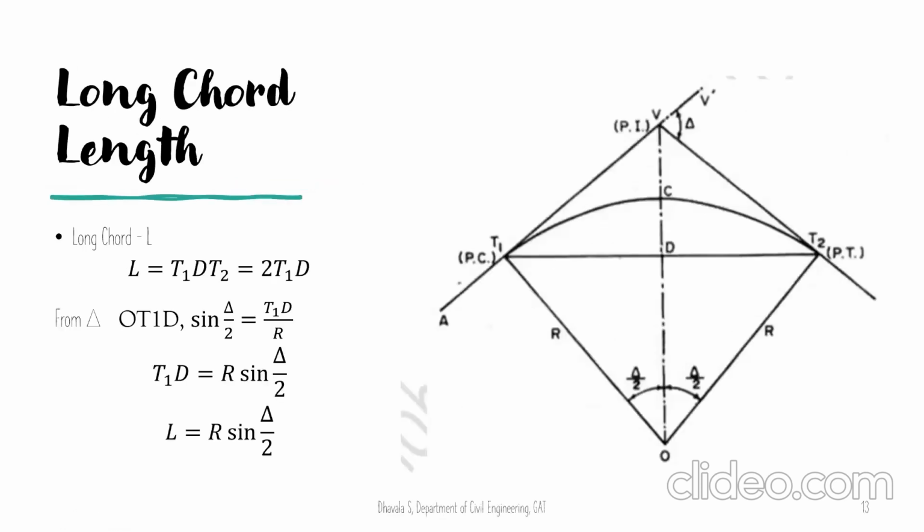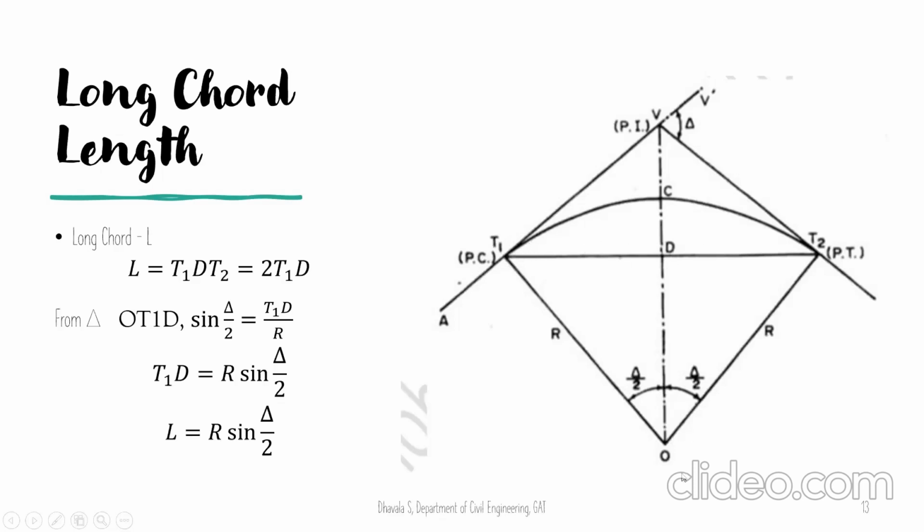Coming to next component, it is long chord. Long chord is nothing but the distance T1, T2. In order to find out the distance T1T2, it is nothing but T1D plus DT2. Since D is the midpoint of the line T1, T2, we can also call it 2 times T1D. Now consider the triangle OT1D.